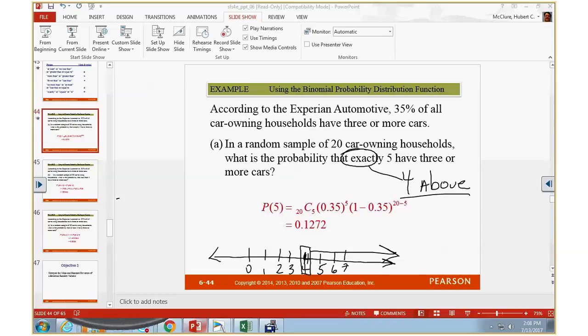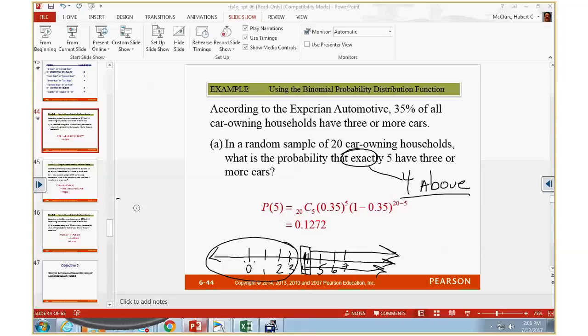Or take the complement of 3 or less, which you just did. Because what's the opposite of 3 or less? What's the complement of 3 or less? 4 or more. Here's 3 or less right here. So if I want to find this, there are 2 ways I can do it.